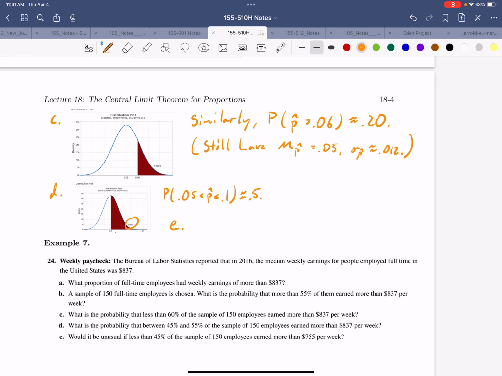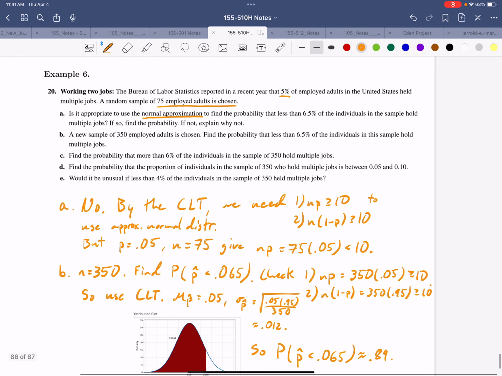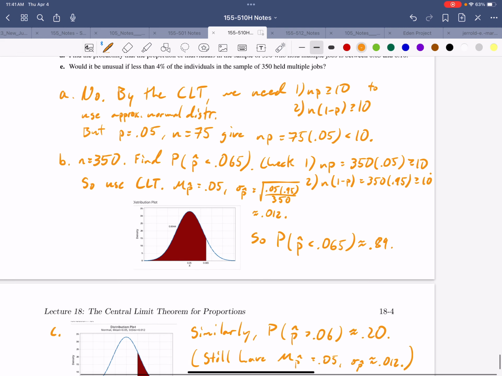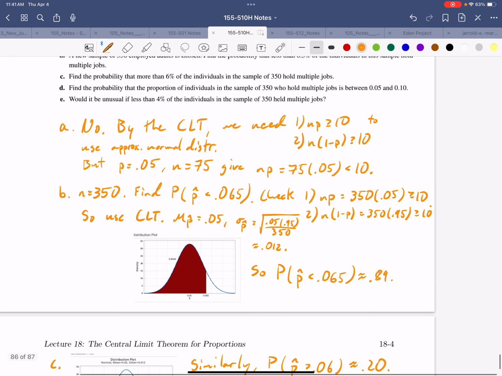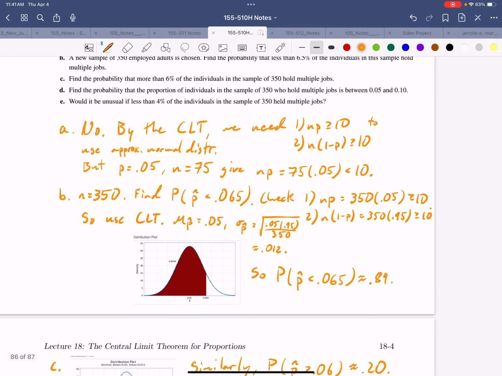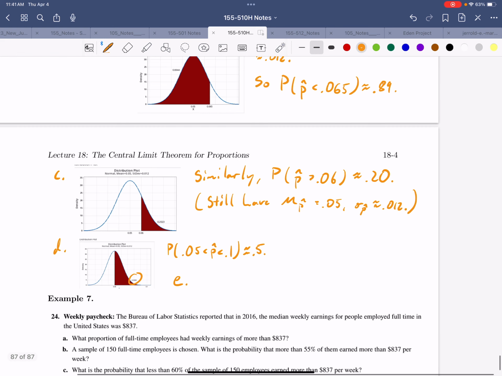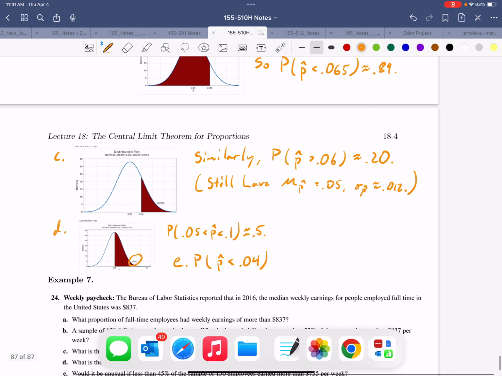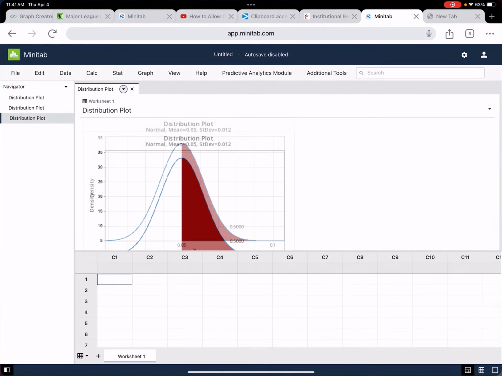All right, and for part E, would it be unusual if less than 4% in the sample held multiple jobs? Somewhat unusual. The probability that p hat is strictly less than 0.04, it's not quite a standard deviation below the mean. If unusual is 5%, then we're not unusual.